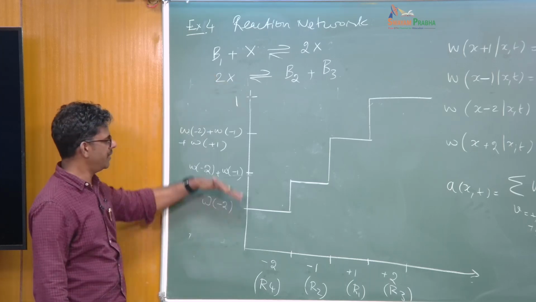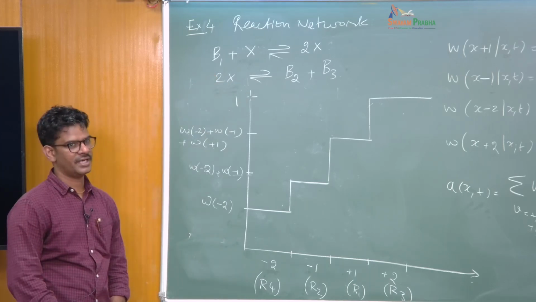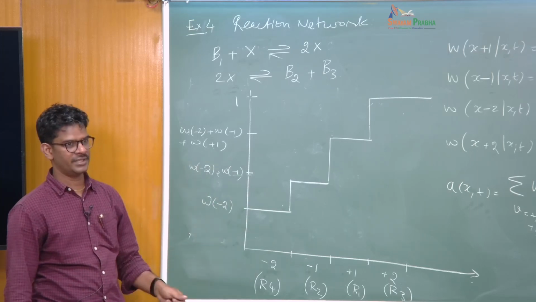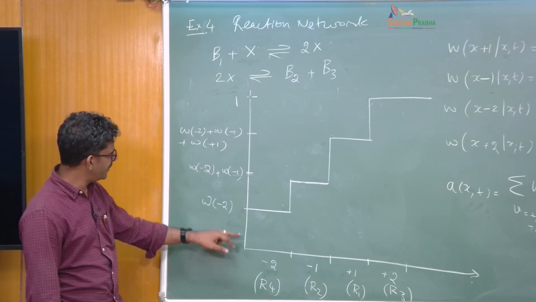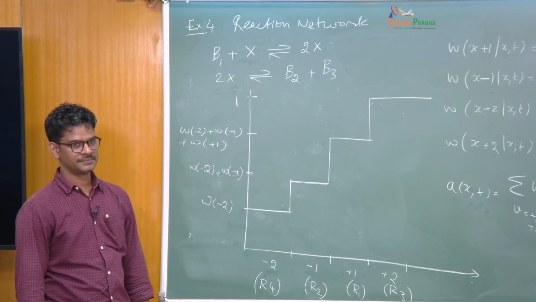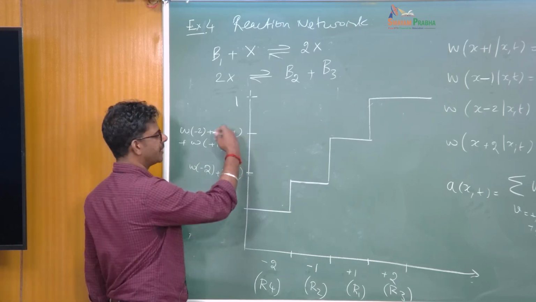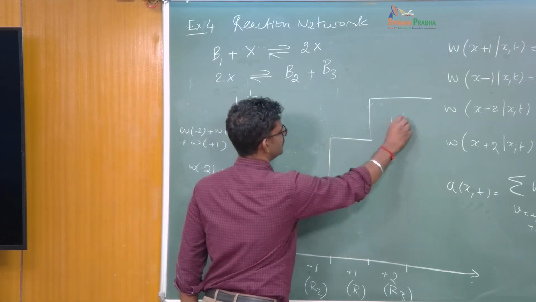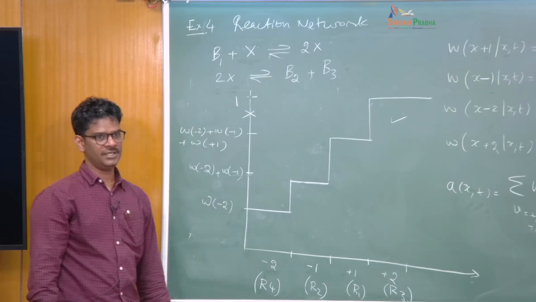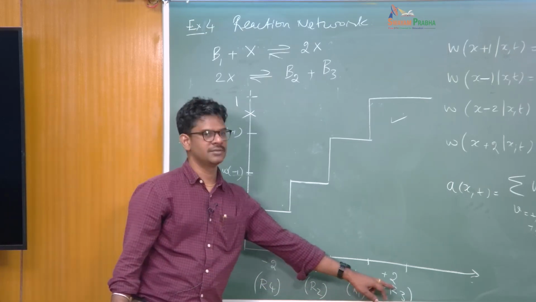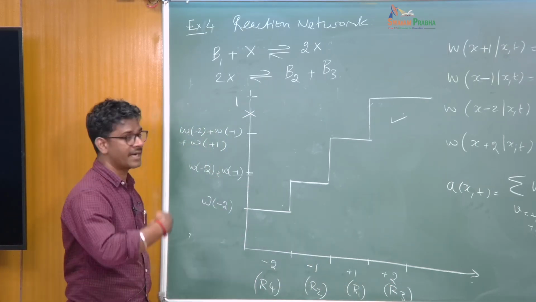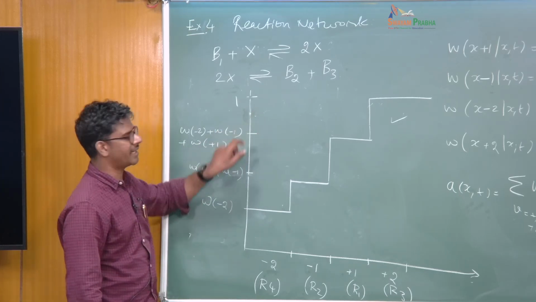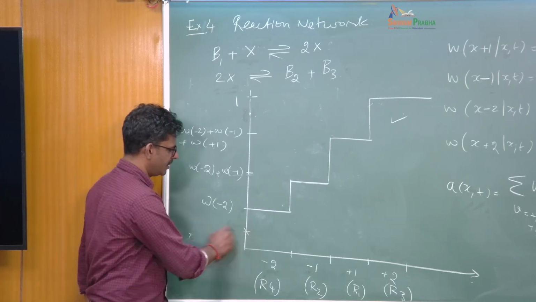Now I have to choose based on this distribution. So what I do here is I call a random number uniformly distributed in the range 0 to 1, and I find where exactly it falls. Suppose the random number that I call falls in here, then I would choose reaction R3 and increment x by 2. In another event, let's say I call a random number and it happens to be somewhere here.